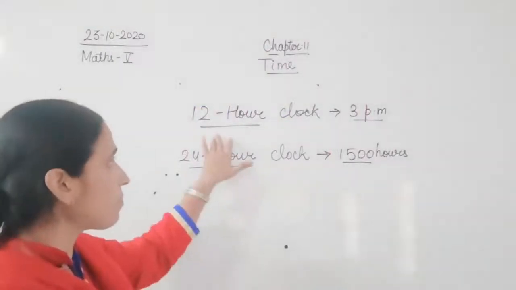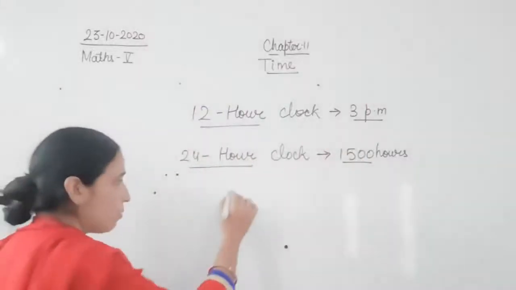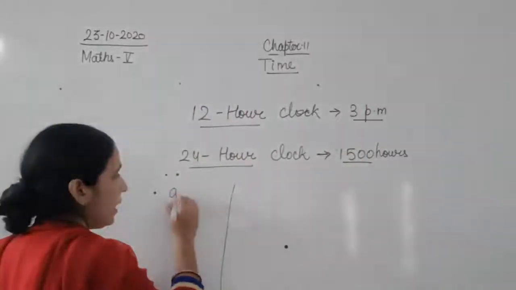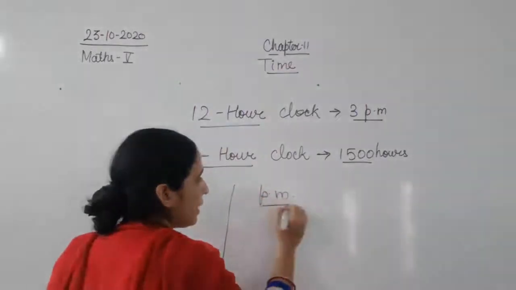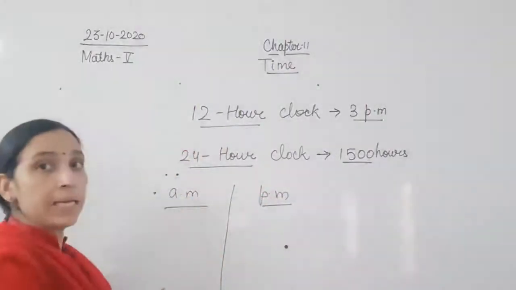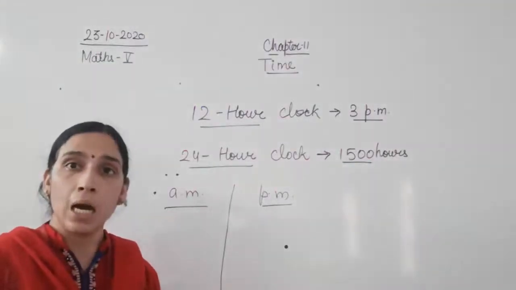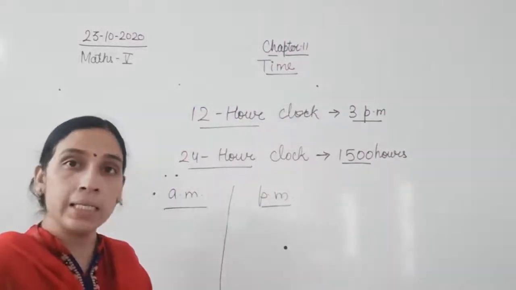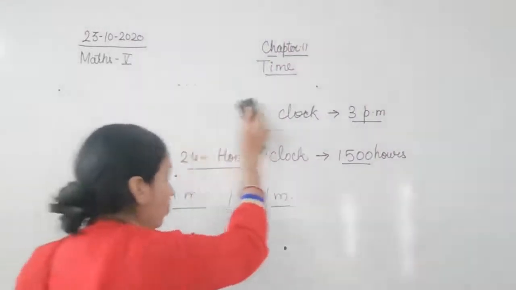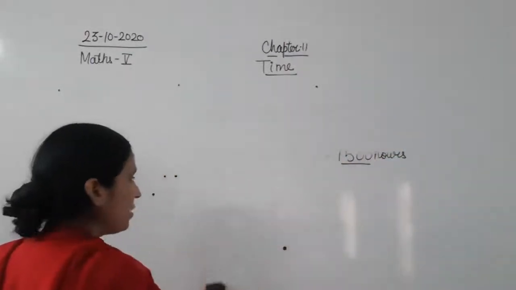But in the 12-hour clock you divide the time between AM and PM. So many times we will get questions in AM and PM, and there we have to work out how we will categorize that time. We'll understand these questions by doing the examples first.